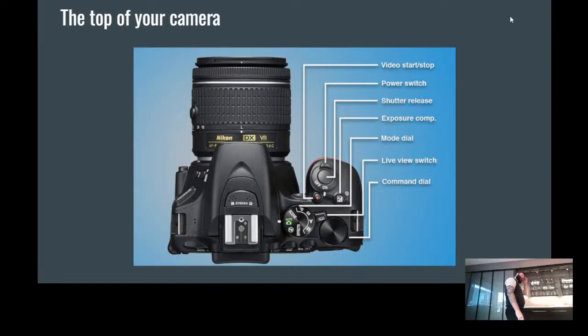So let's start with the top of your camera. The other thing I will note with this, guys, is that you might notice that your camera doesn't have these buttons in the exact same location, or it doesn't have the buttons at all. And I will say this, all cameras are almost identical, at least in the sense of their buttons and their functionality.